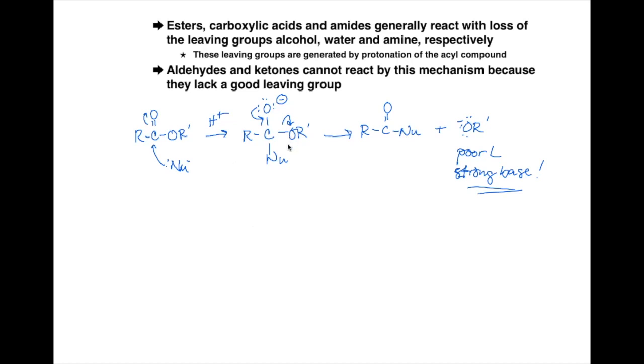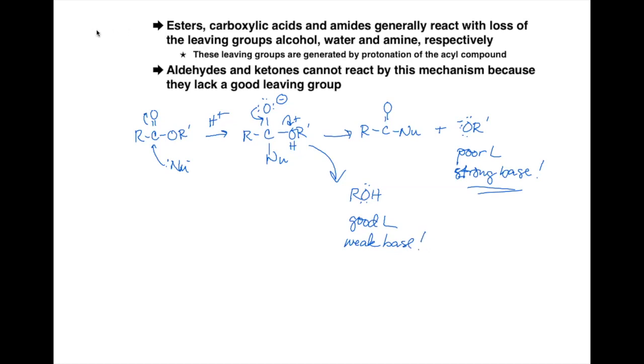We need to convert that into a good leaving group. Kapag protonated to, then it becomes an alcohol, which is already a good leaving group because it is a weak base. Yan.